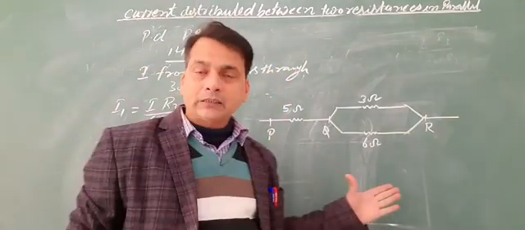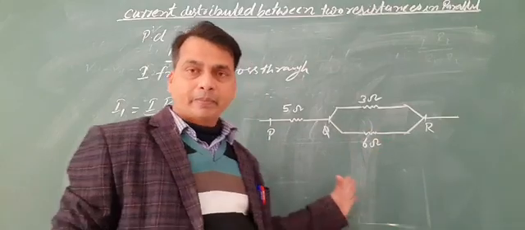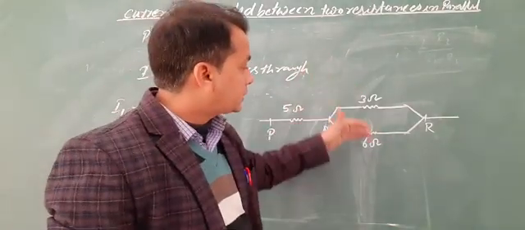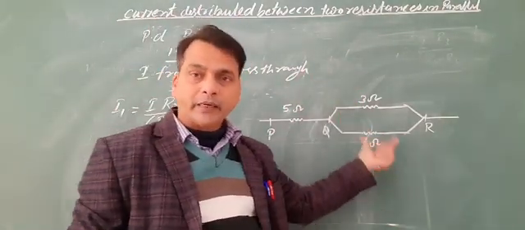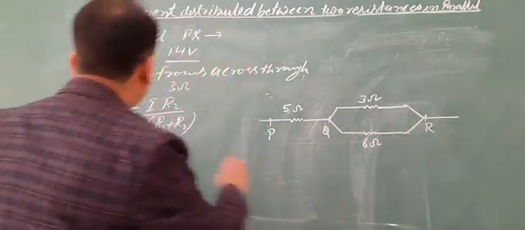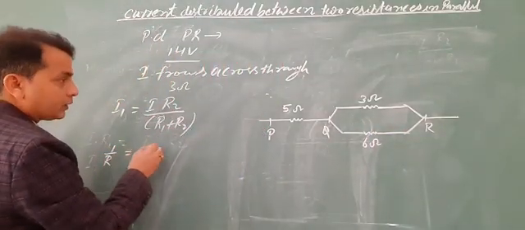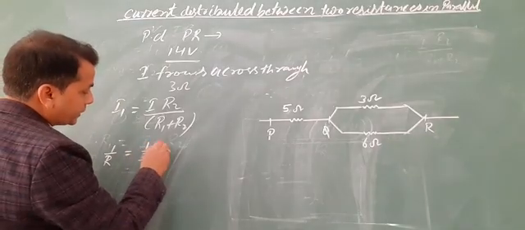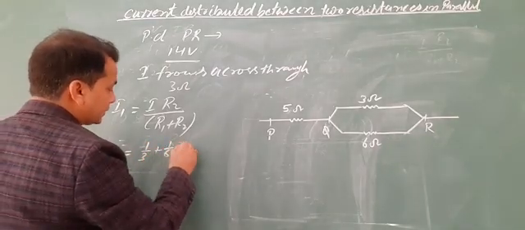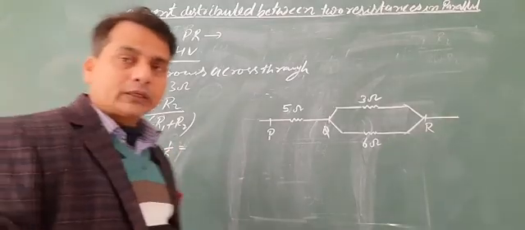First of all, the total resistance in this circuit: 3 and 6 are a parallel combination. So the equivalent resistance is 1 by R equals 1 by 3 plus 1 by 6, converted to a single resistance.